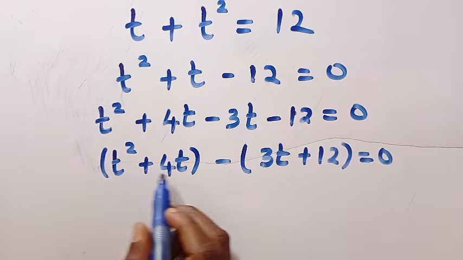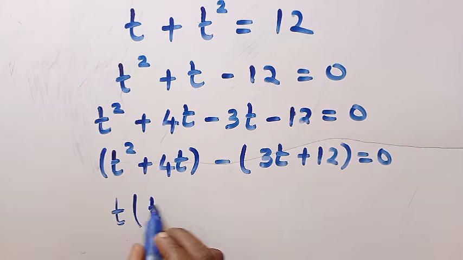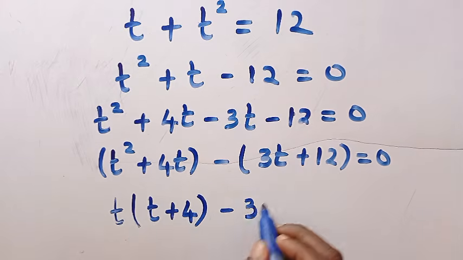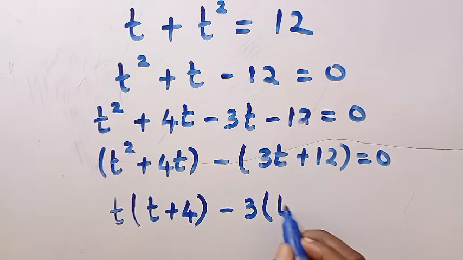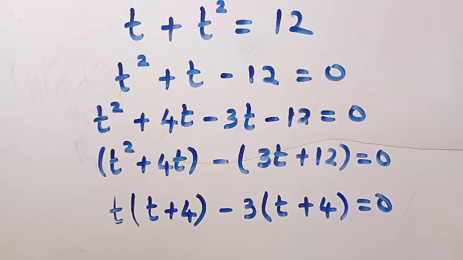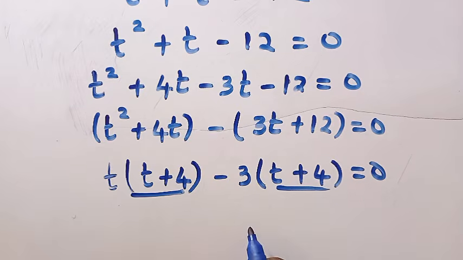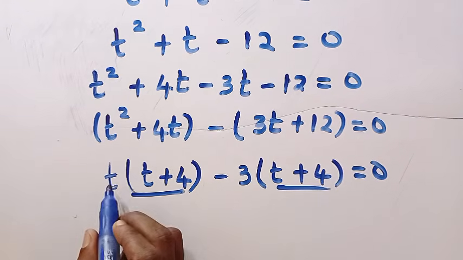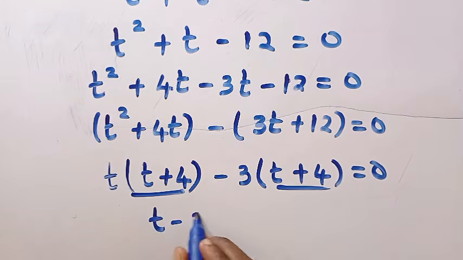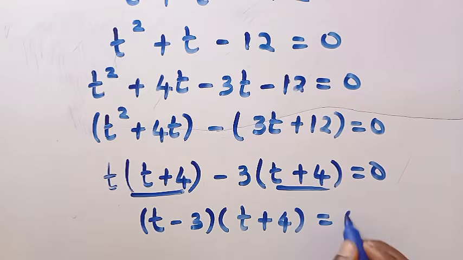What is common here is t. If I factor out t, in the bracket we have t plus 4. And also by taking out 3 from here, this is t plus 4 equals 0. And then this t plus 4 is common. By taking one of these and combining their coefficients together, that is t minus 3, bracket t plus 4 equals 0.